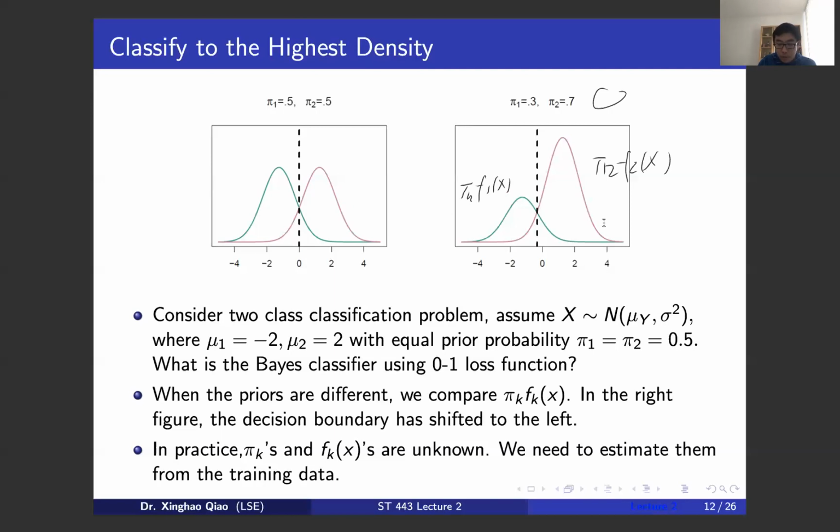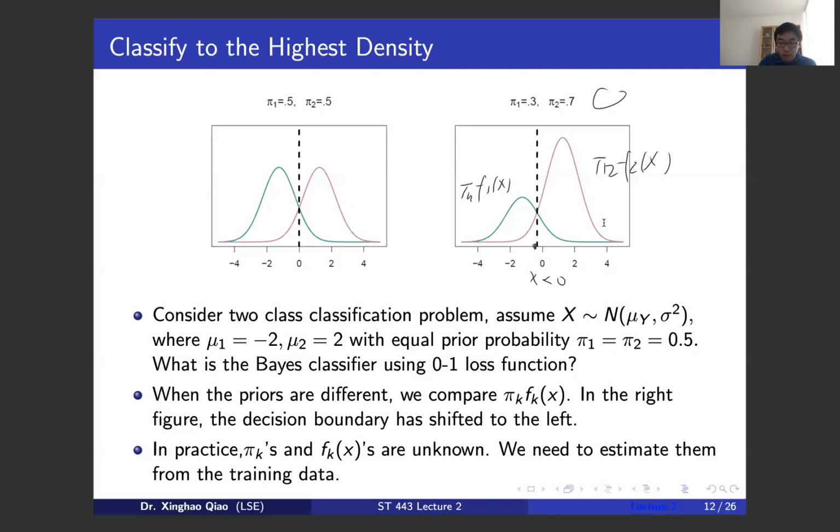You can see that at the dashed line, pi 1 times f1 of x is the same as pi 2 times f2 of x, meaning that the decision boundary is here. So x will be slightly smaller than 0.